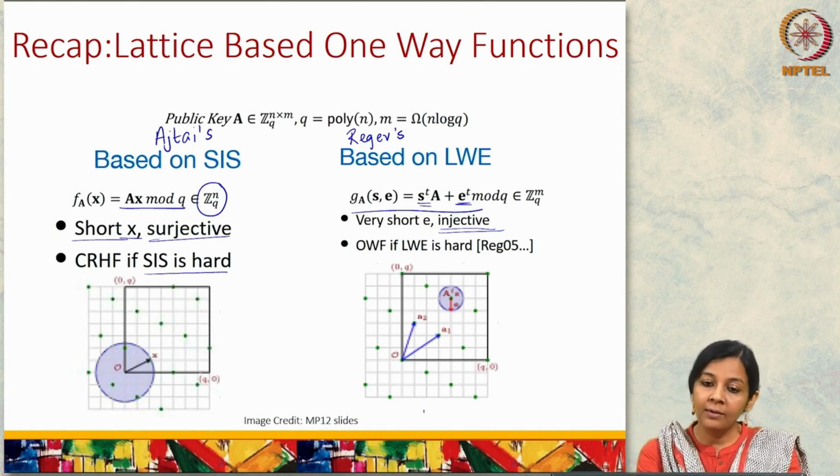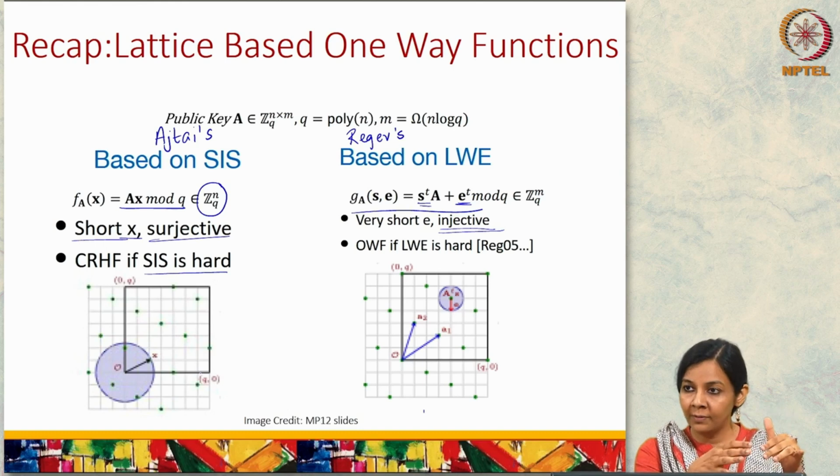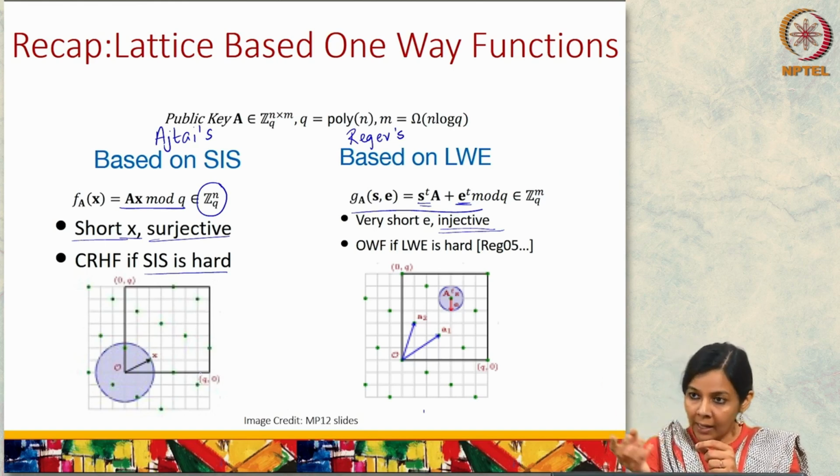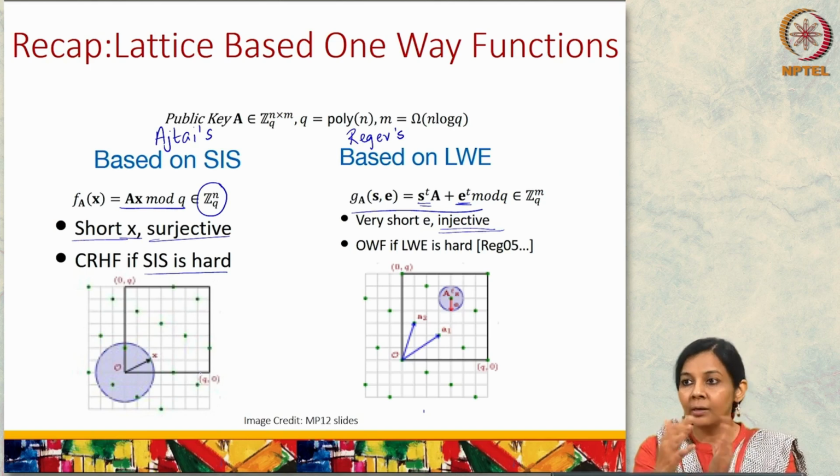So, for SIS you can get homomorphic signatures, for LWE you can get homomorphic encryption. What homomorphism means is that I can compute on these signatures or these ciphertexts. So, I can add signatures, multiply signatures in a way that remains faithful to the same function applied on the messages. Similarly, for encryption, I can add ciphertexts and multiply ciphertexts in such a way that when I decrypt, I get the same computation applied on the message.